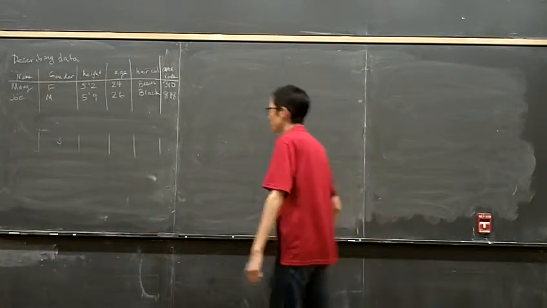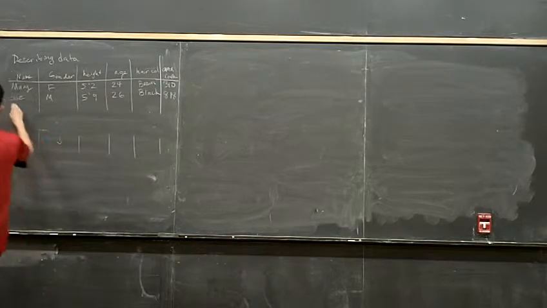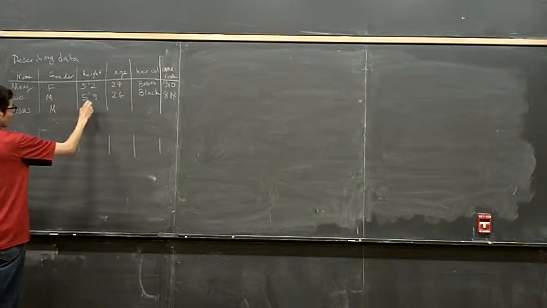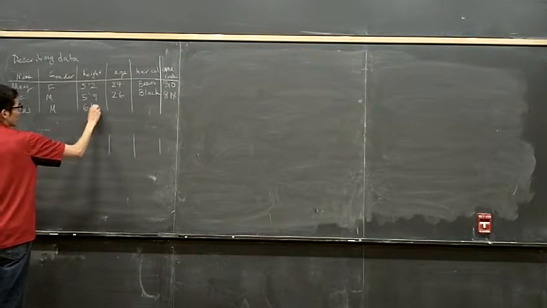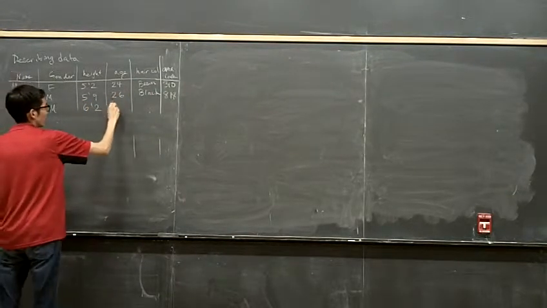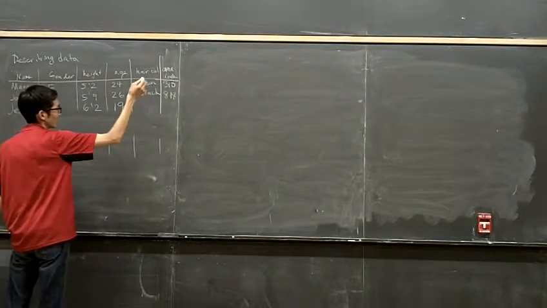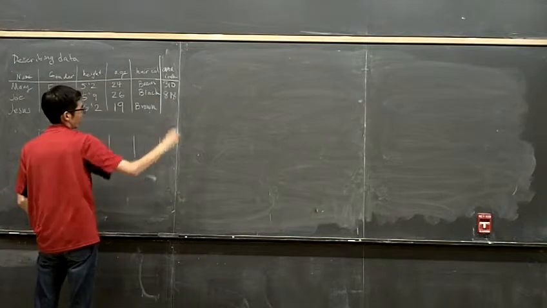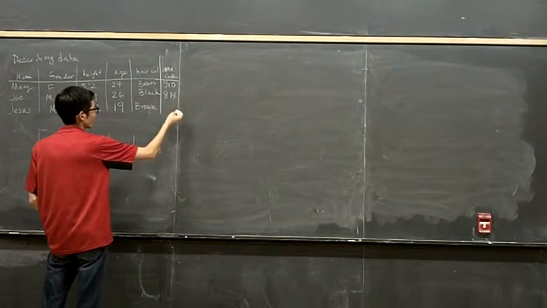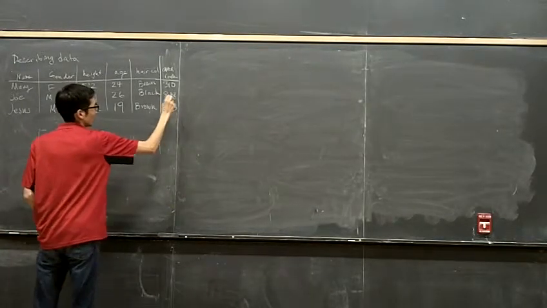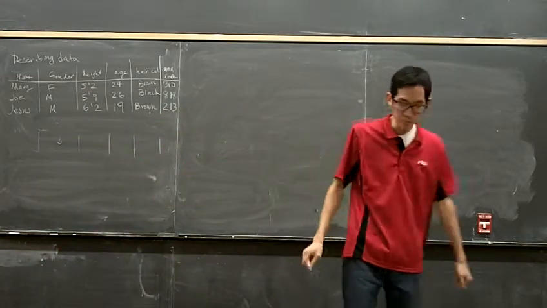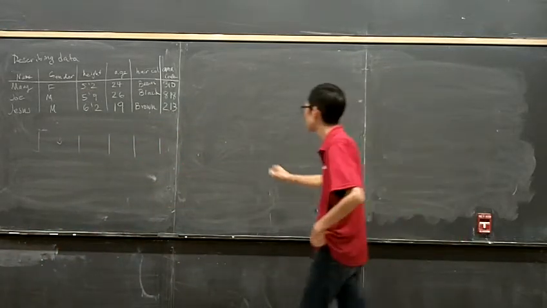So you have Mary, Joe, and Jesus at 6'2" and hair. Okay. So let's say we wanted to summarize this.